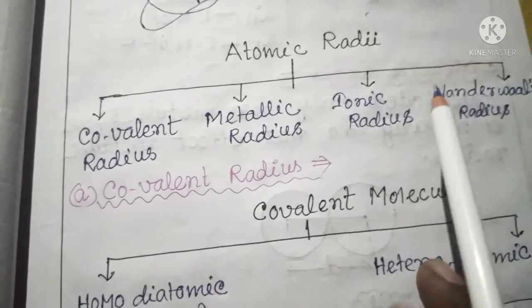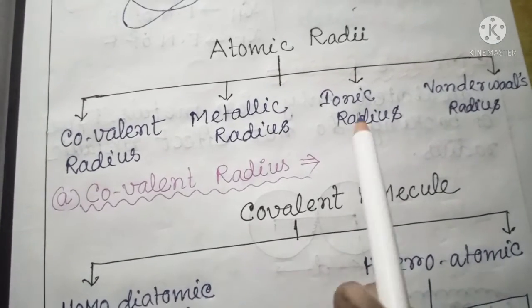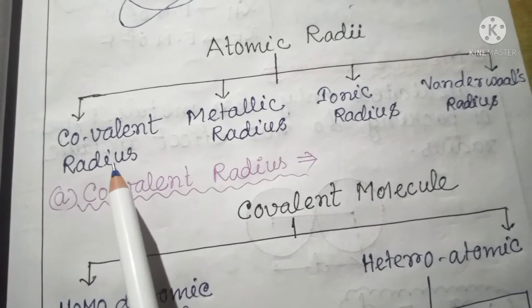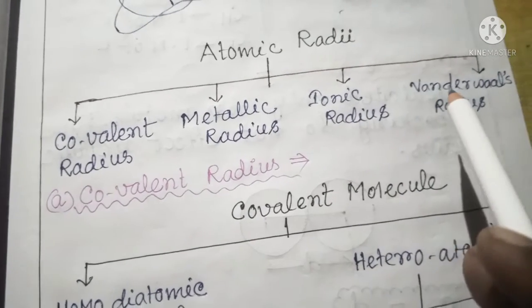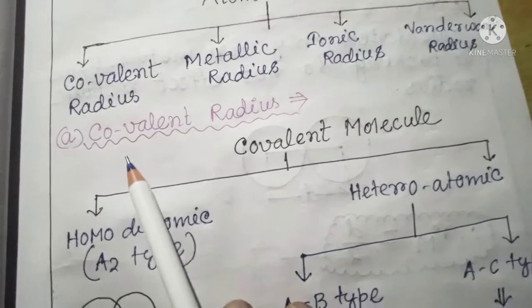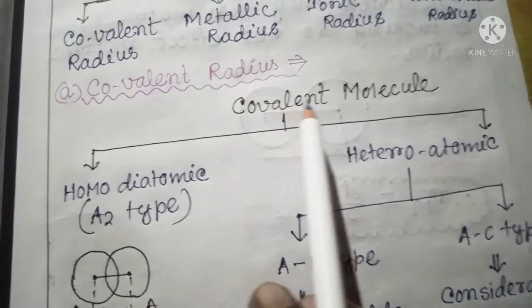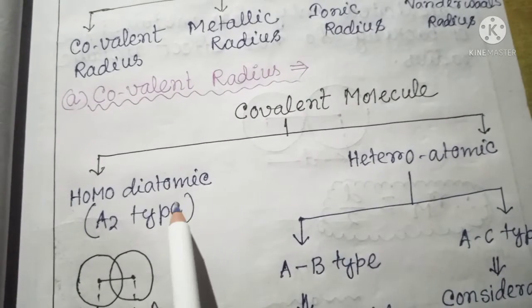Okay, so let's learn about atomic radius. There are four types of atomic radius: covalent radius, metallic radius, ionic radius, and Van der Waals radius. At first we learn about covalent radius. A covalent molecule can be of two types: homodiatomic and heterodiatomic.